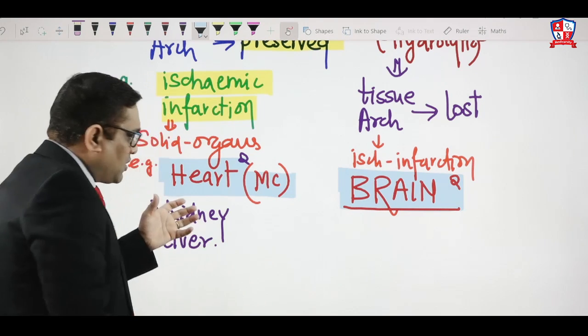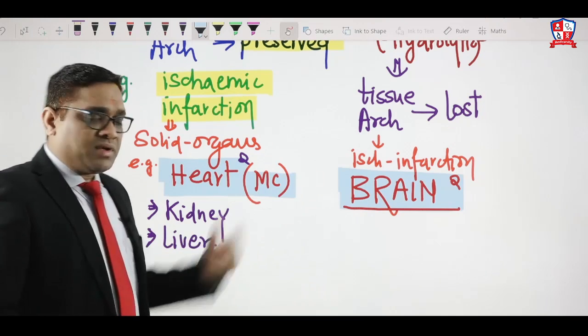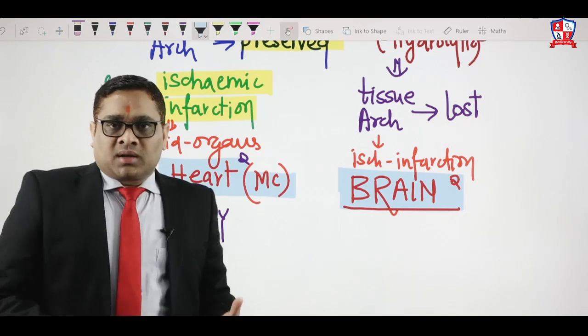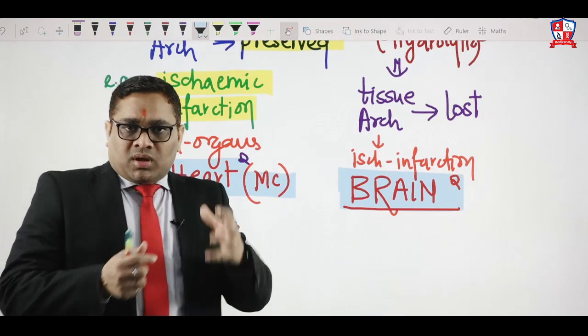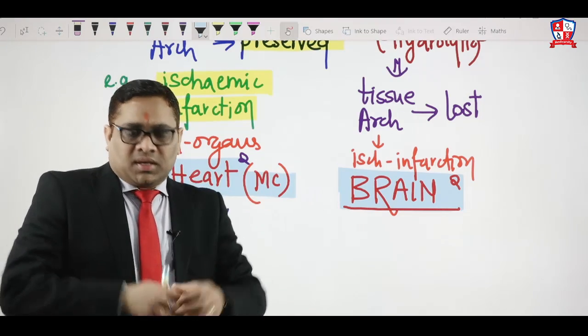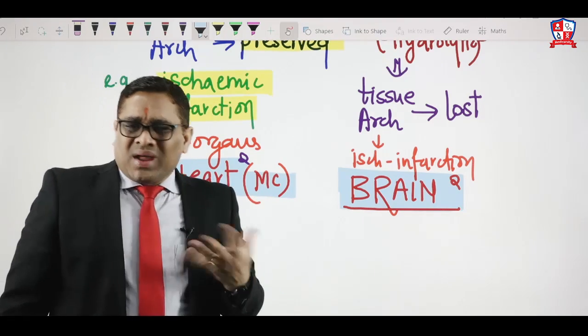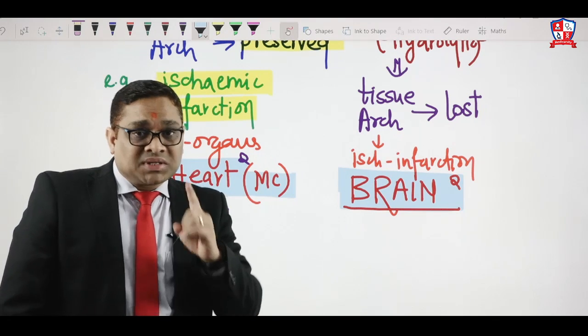Why not coagulative necrosis as in other areas, ischemic infarction in solid organs? But when we are talking about brain, you know that when we were dissecting brain during anatomy session, we saw that brain is very delicate, right? It's pulpy, soft. Why is it pulpy and soft? Because there is no collagen in the brain. Remember this point.